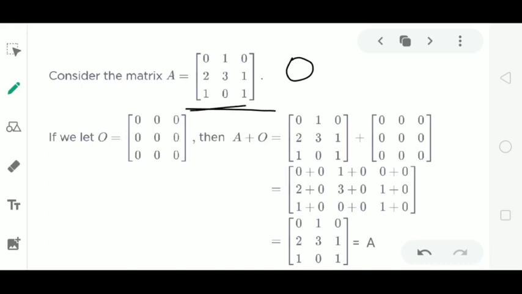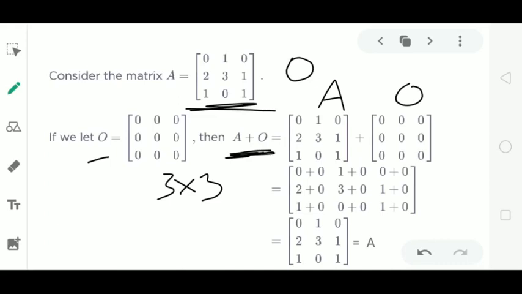Here as matrix A is of order 3 by 3 and we know that we can add two matrices only when both are of the same order, we consider matrix O to be of order 3 by 3 so that we can easily add two matrices. Next, A plus O is the sum of matrix A and the 0 matrix.